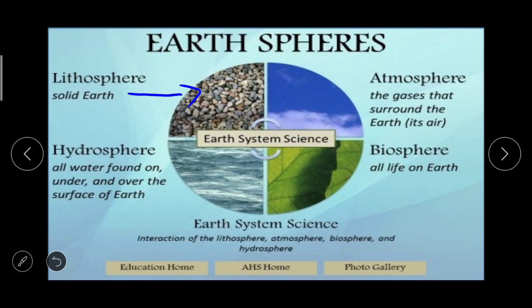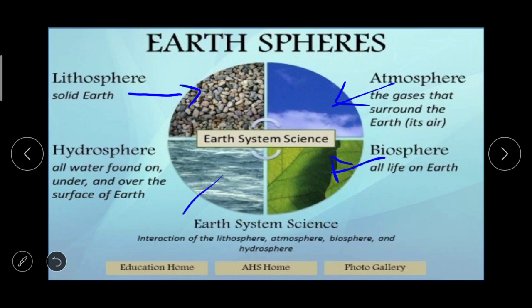And the atmosphere, the gases that surround the earth, that is its air; and the biosphere, all life on earth. So this is the interaction of the lithosphere, atmosphere, biosphere and hydrosphere. All these are the earth spheres.